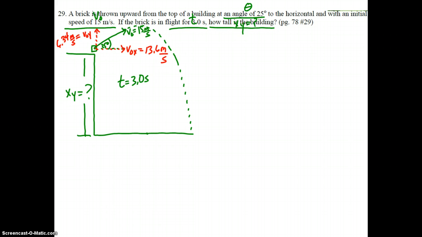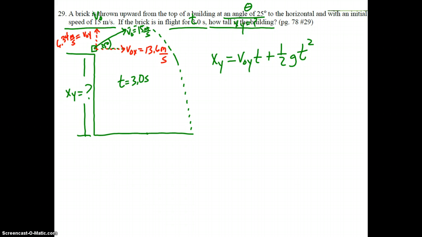You notice we carried both of those out to 3 digits to not sig fig ourselves on a later answer. Well, we want XY, so let's give it a shot right from the start here, that XY is going to be equal to VOYT plus 1/2 GT squared.